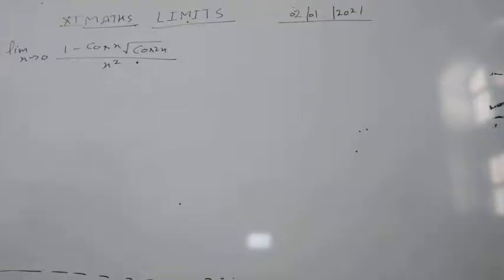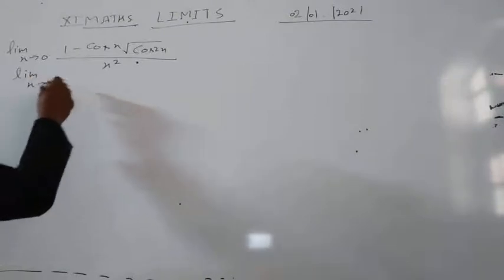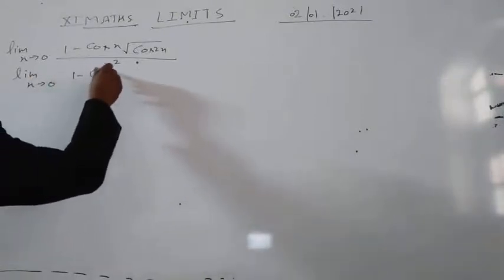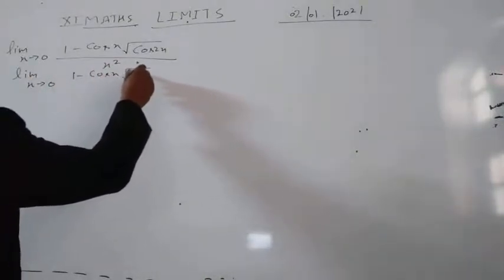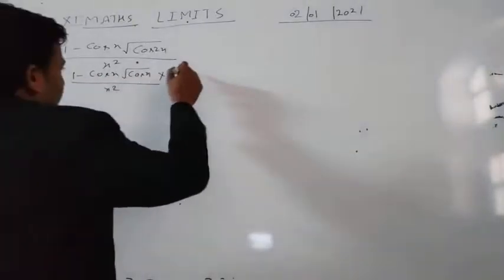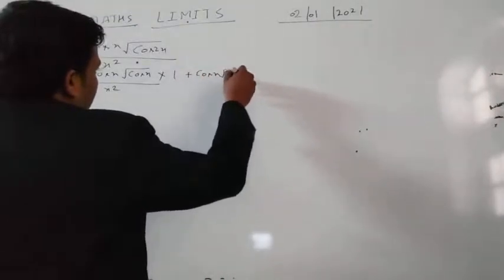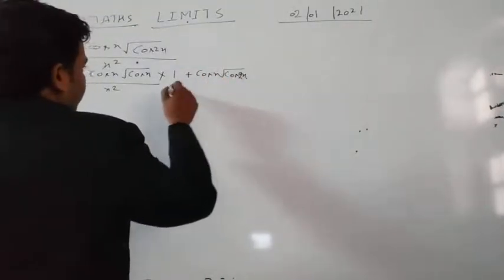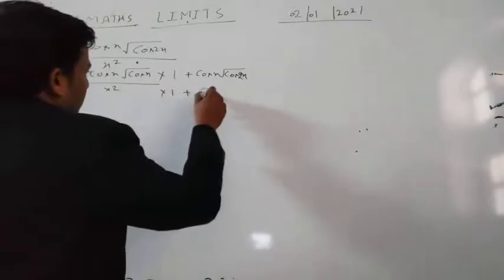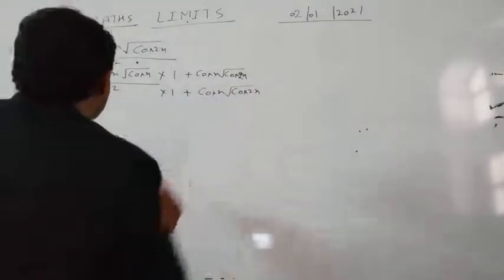Okay, so first of all we will visualize this: limit x tends to 0 of (1 minus cos x) by x square into (1 plus cos x under root cos 2x) by (1 plus cos x under root cos 2x).